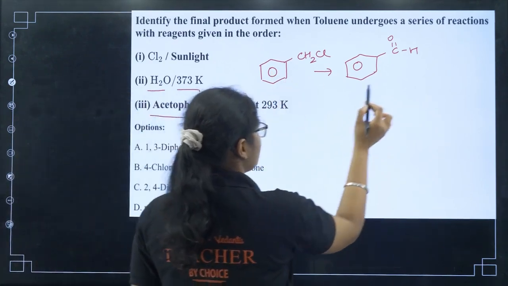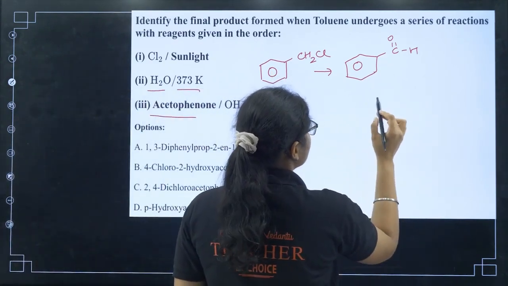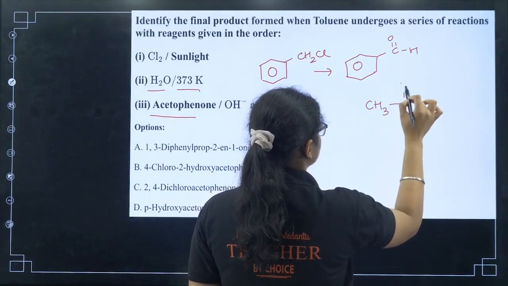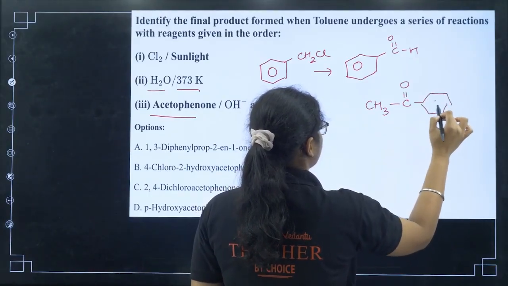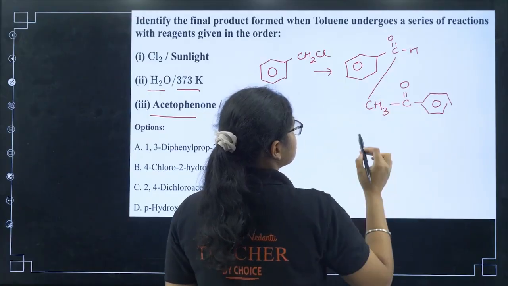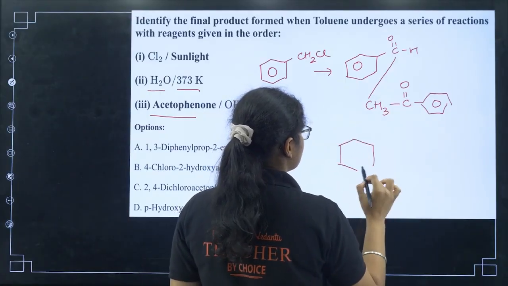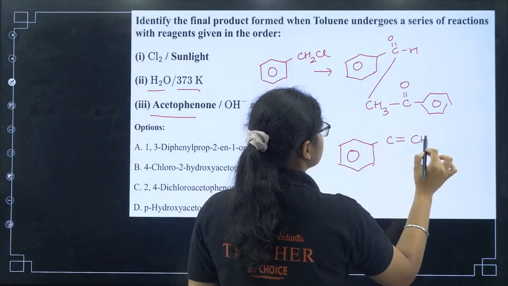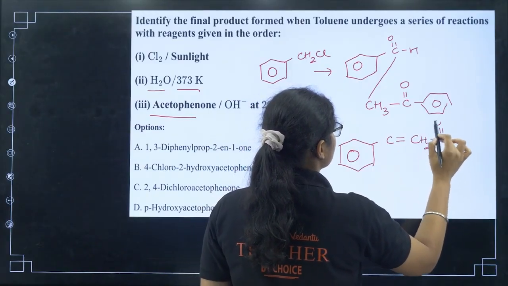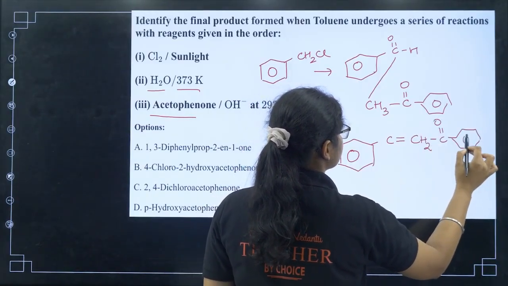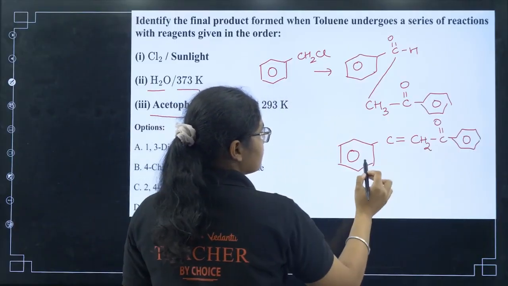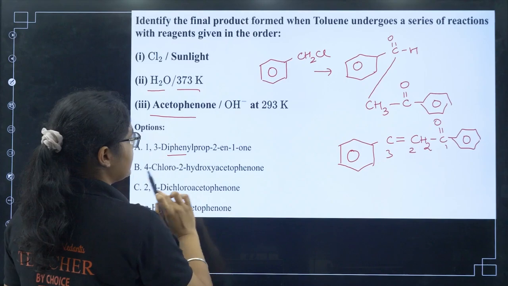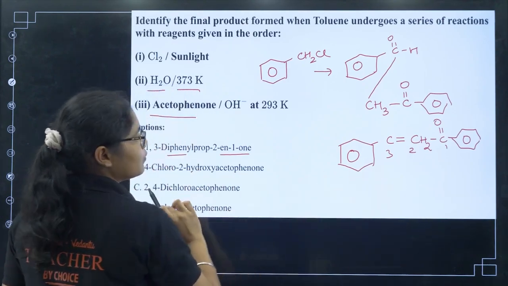Now acetophenone and this benzaldehyde will react. So acetophenone can react like this, and this one will attack here. So what will I get? I will get C double bond CH2, C double bond O, and then this one. So we get 1,3-diphenylprop-2-en-1-one.